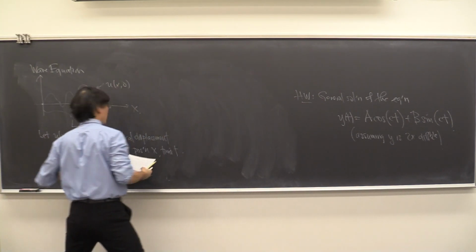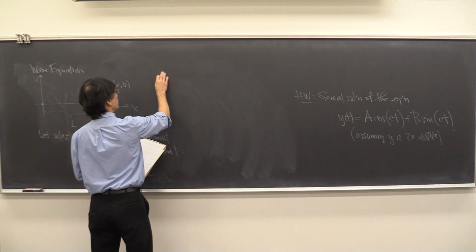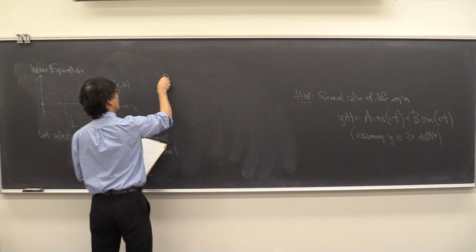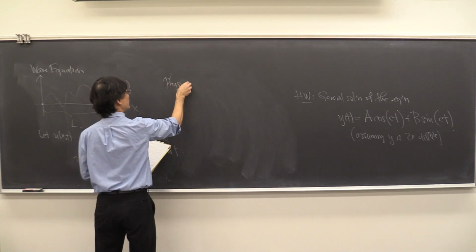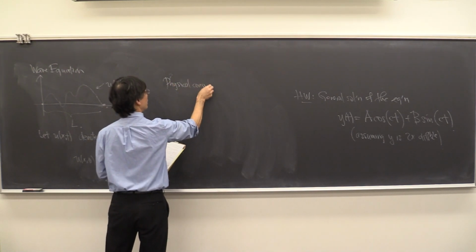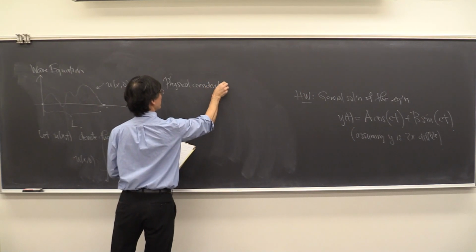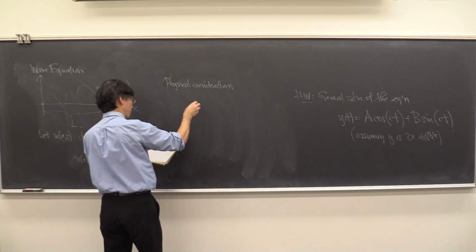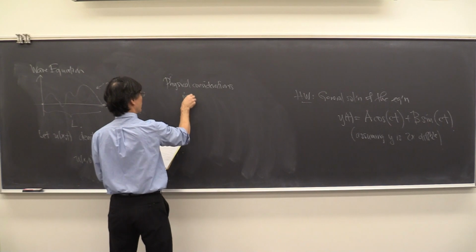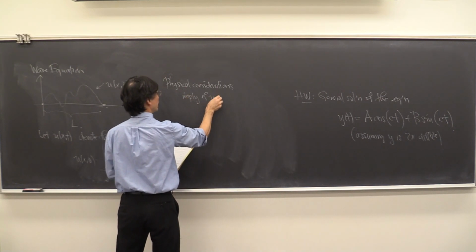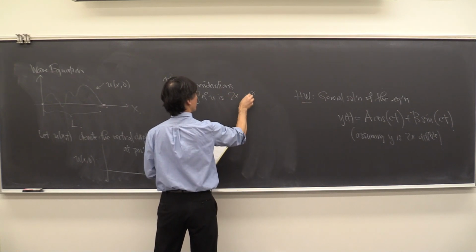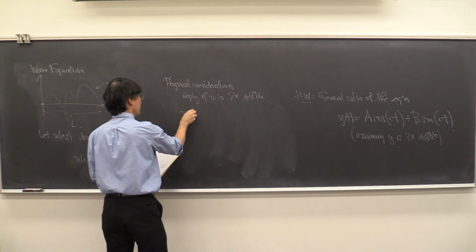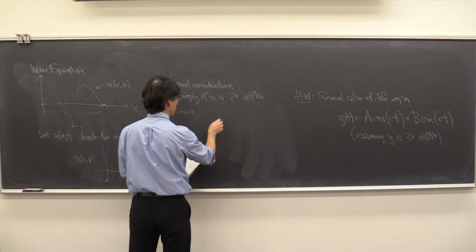Okay, so the wave equation. I'm not going to do this part, but physical considerations imply that if u is 2 times differentiable, then it has to satisfy something called the wave equation.